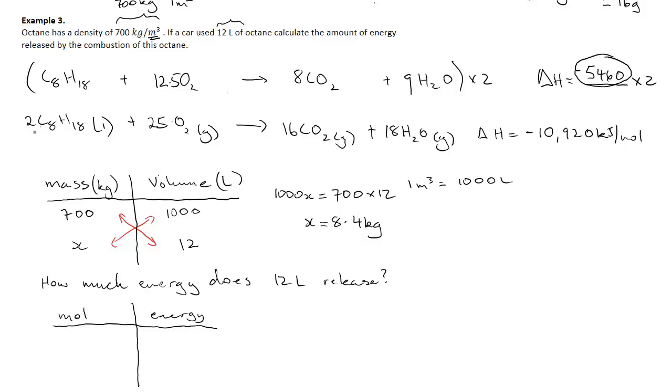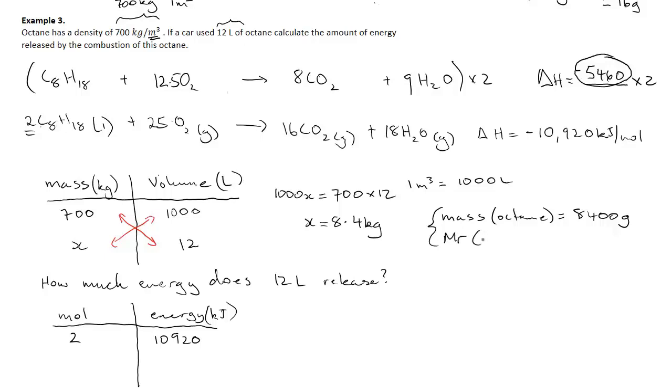And we know that for every 2 mole of octane, we have 10,920 kilojoules of energy. And we know that in this case the mass of octane is 8,400 grams.